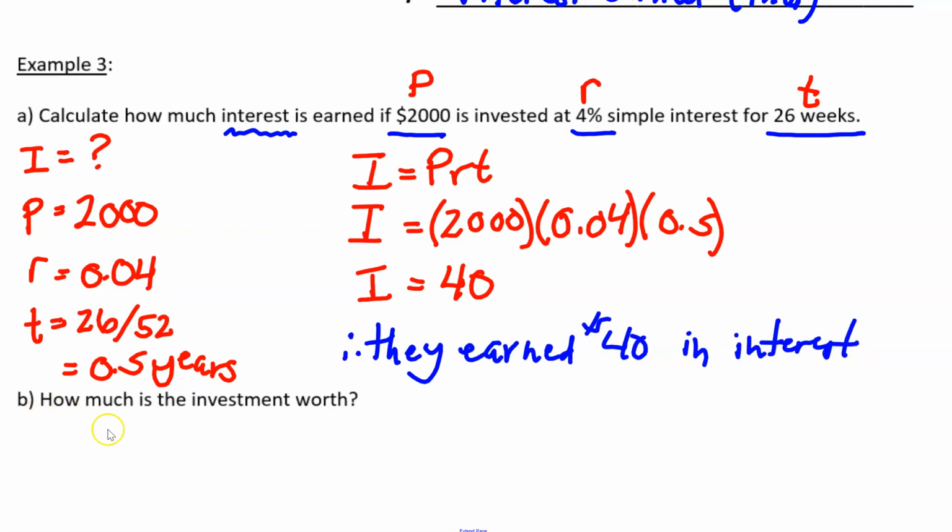But that's not how much the investment is worth now. So remember the formula I showed you at the top of this page, that the total amount of the investment is your principal plus your interest. So we're going to use that.